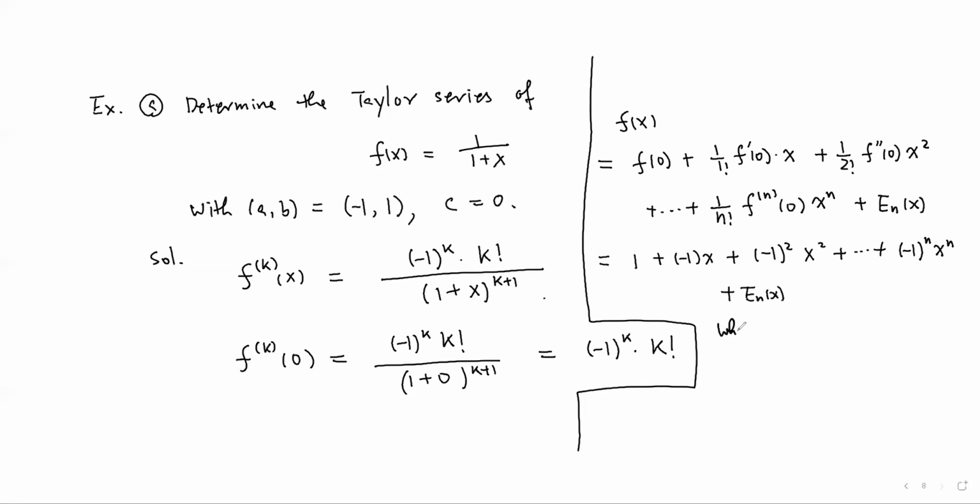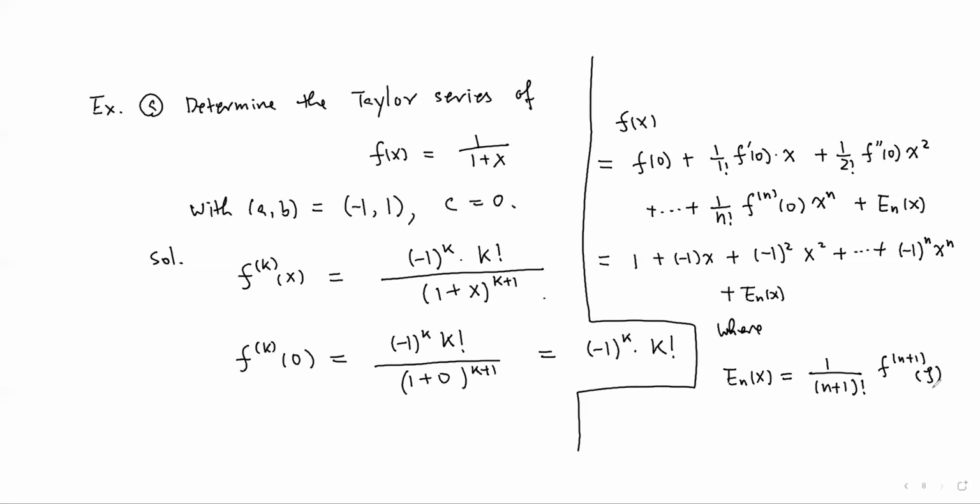Okay, where the error term in detail is E_n(x) is equal to 1 over (n plus 1) factorial, derivative n plus 1, then evaluate at some point psi. We don't know what psi is. We only know that psi is between c and x.